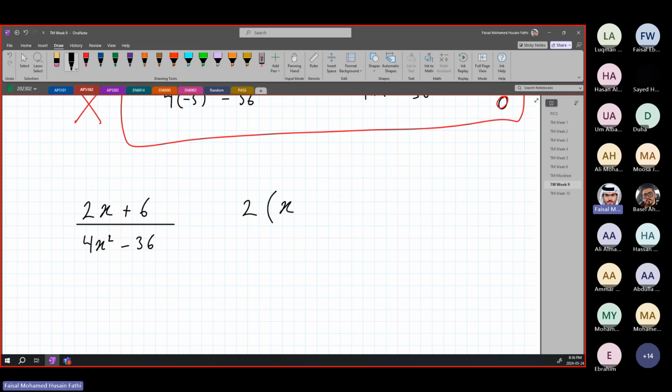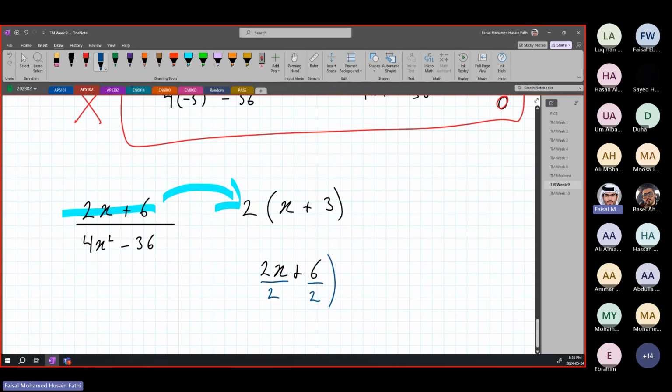That leaves me with x plus 3. And how did I reach this point? Let me show you, for just the numerator. I divided 2x plus 6, all of it, by 2. So I divided this by 2, this by 2, so I can take the 2 outside as a common factor.